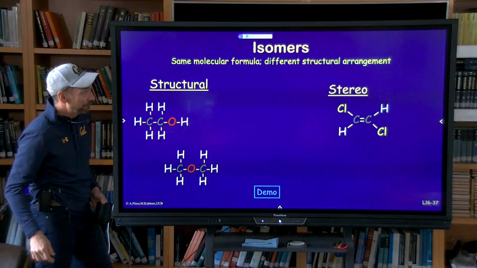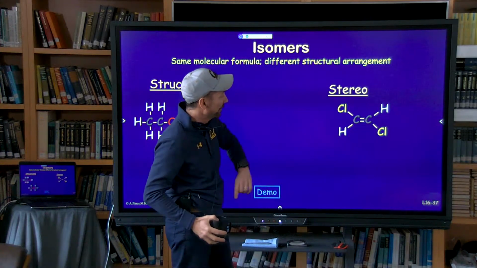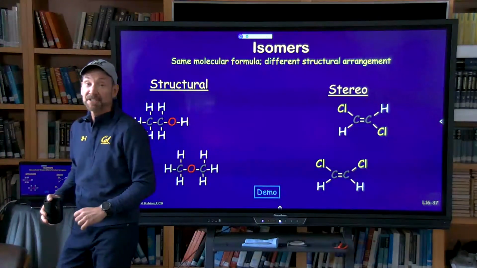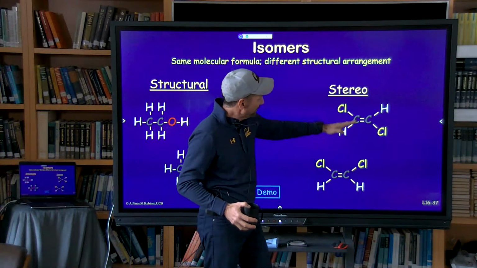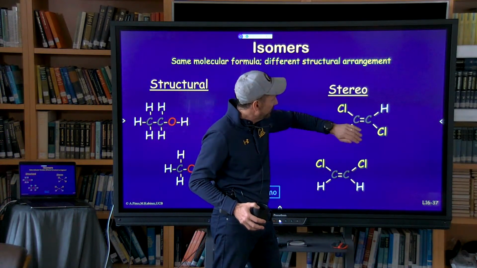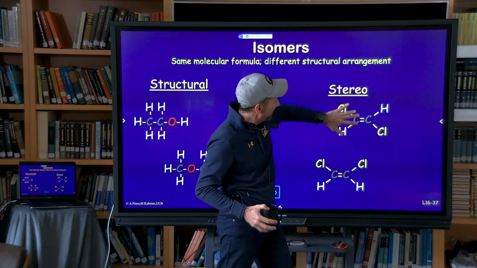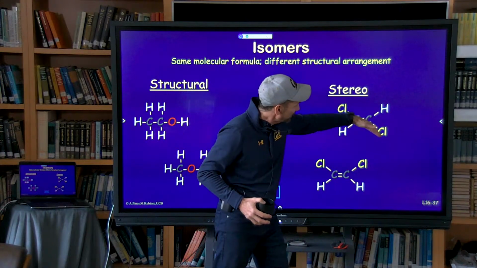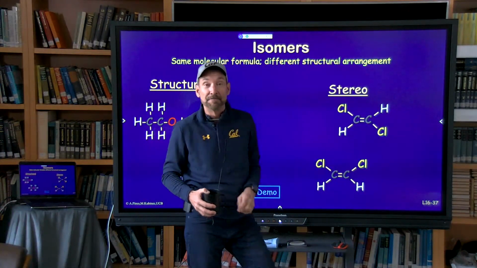That's easy. Stereoisomerism is where the attachments are similar, but you can still have a different arrangement of the entire molecule. Here's a famous case, because the double bond makes this molecule planar, so the chlorines could either be across the plane or on the same side of the plane.